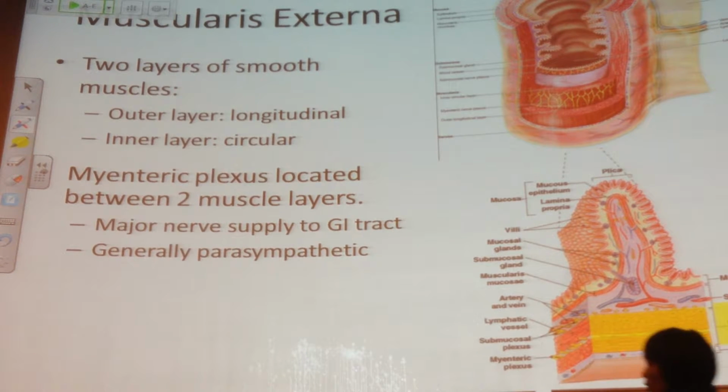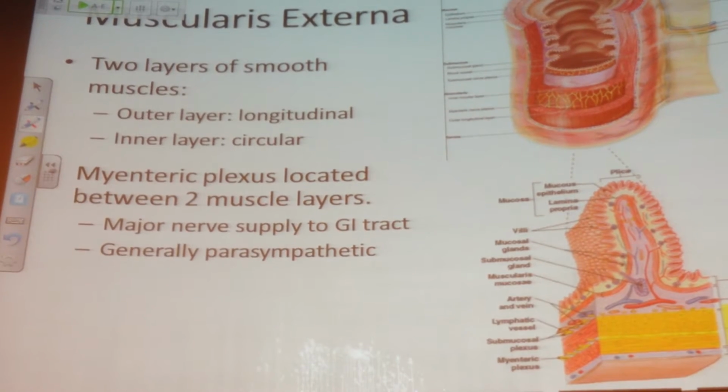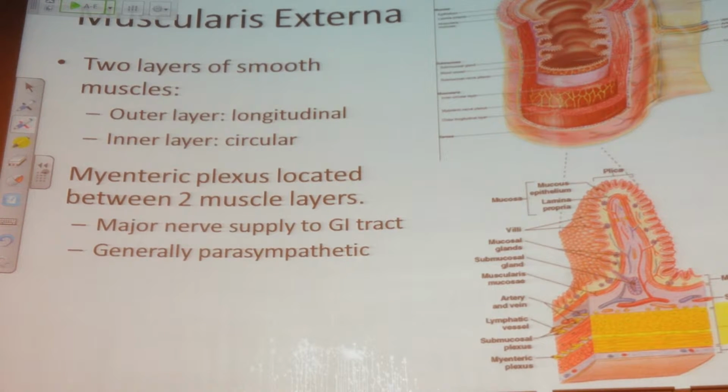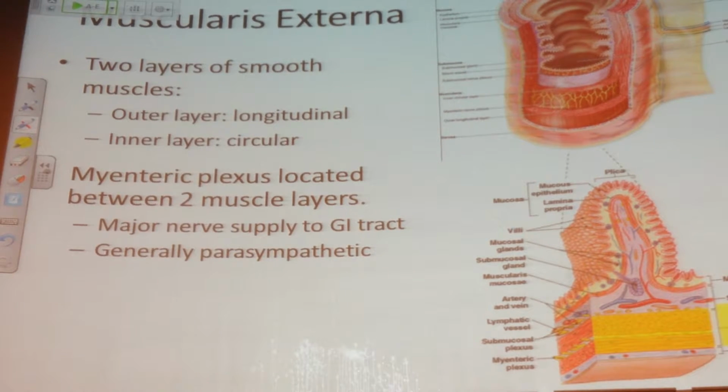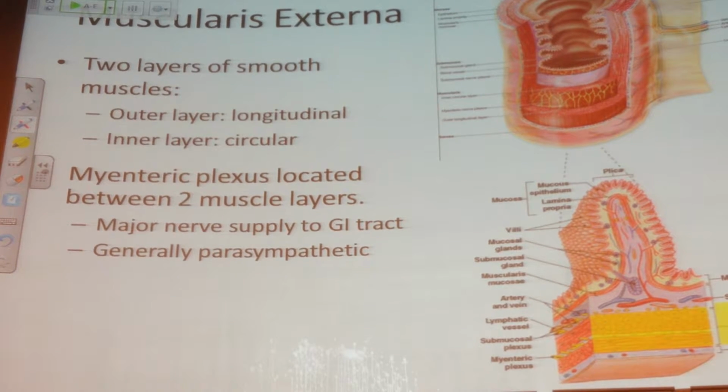All right, so if we go further away from the lumen, now we're getting to the muscularis externa. This is normally two muscle layers. You have a longitudinal layer outside, and the inner one is the circular layer. So you can imagine in the circular layer, when it constricts, would you see the lumen size get bigger or smaller?